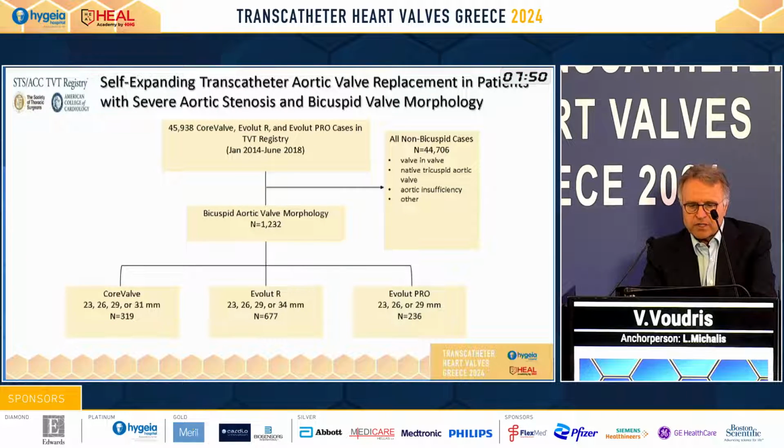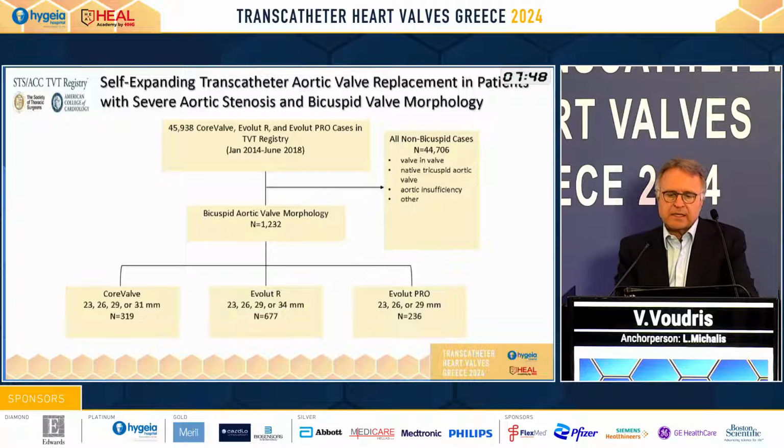These are data for the self-expandable TAVI device from the same registry, from 45,938 CoreValve procedures using the Medtronic platform.